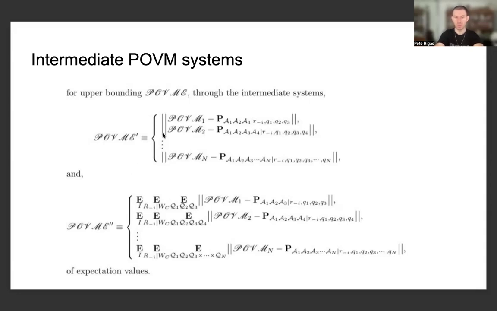In the first system, we're taking the norm of the POVM 1 up to POVM of big N and subtracting a conditional probability, namely conditionally upon some instance of dependency breaking, and for the next closely related system, script POVM of E prime prime, we're just taking the expected value of the previous system.